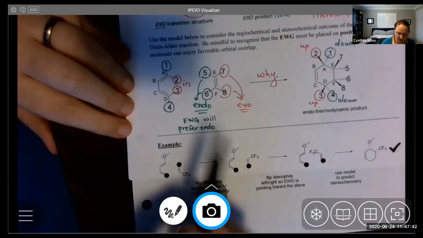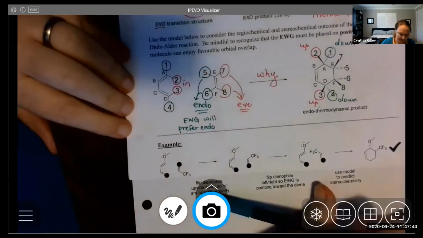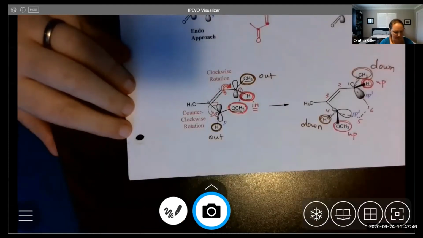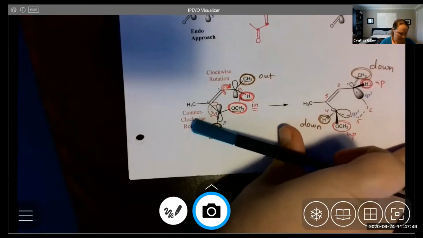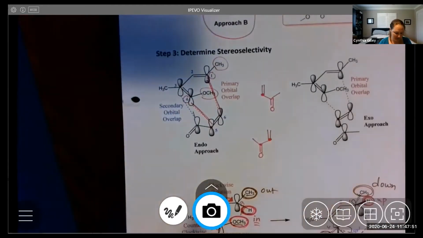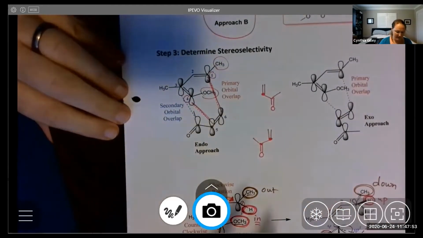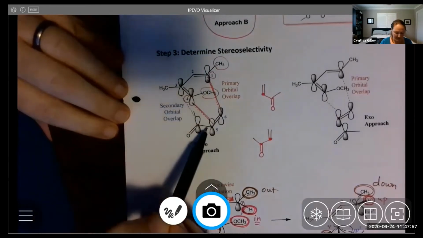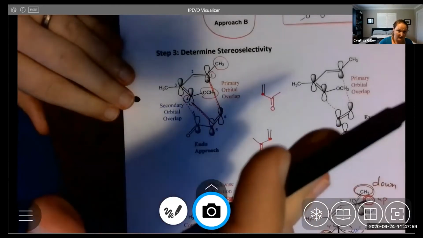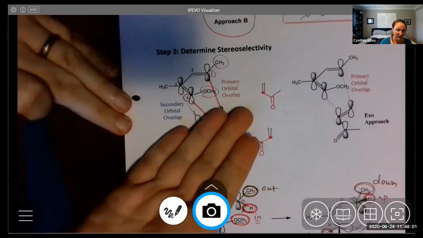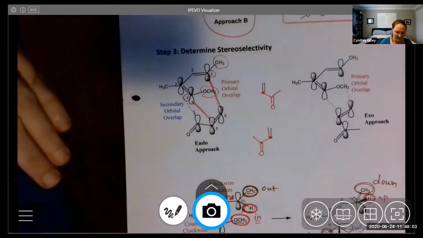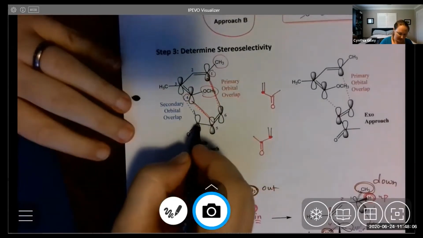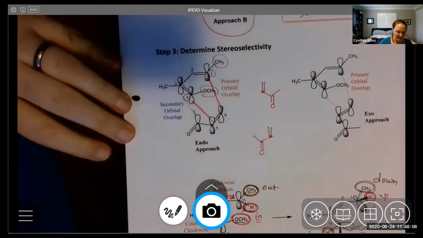So this worked out, right, if we start here with the endo approach. As these start to form new sigma bonds, the entire molecule rotates counterclockwise and into the plane, which is going to leave what's pointed in pointed down.